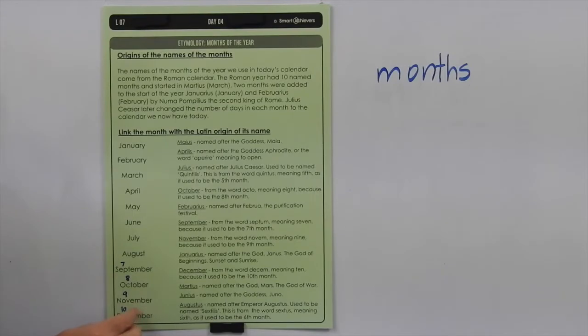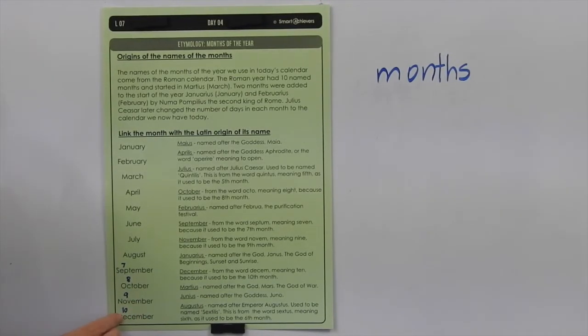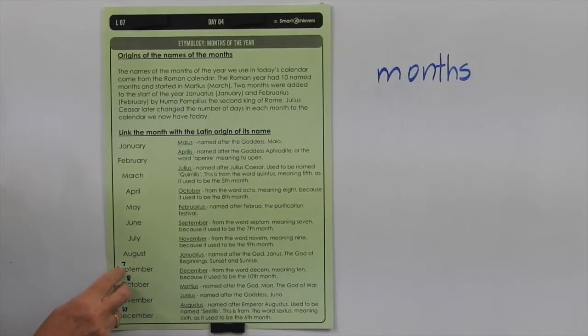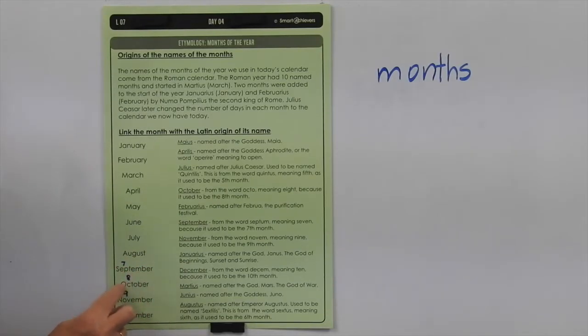So once that happened, of course, you can see even though Sept means 7, it became the 9th month, and Oct means 8, but it became the 10th month. Nov means 9, but it became the 11th month, and even though Dec means 10, it became the 12th month. So that's why we have that bit of an error there.